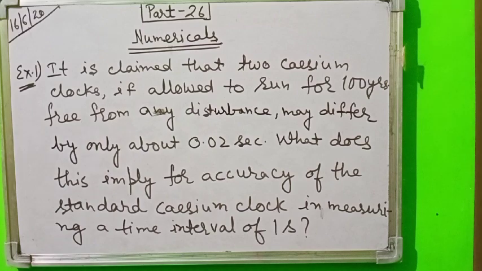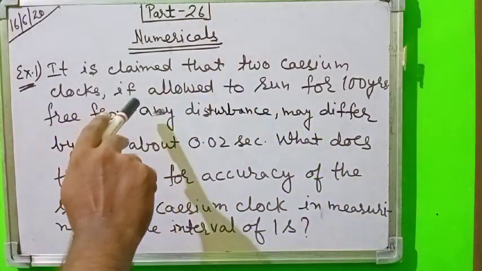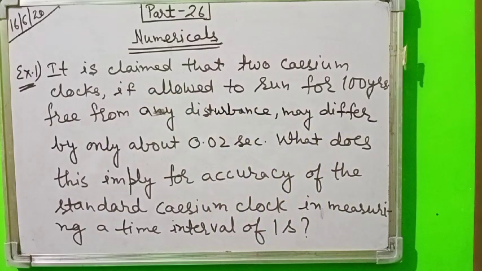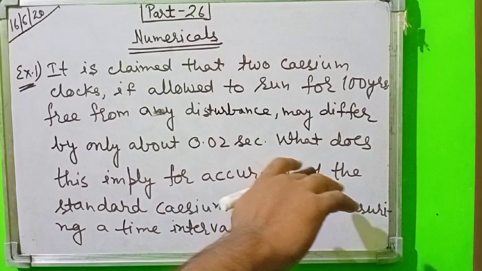So the given question in front of you is that it is claimed that two cesium clocks, the atomic clock, if allowed to run for 100 years free from any disturbance, there is no air resistance, it is free from any type of disturbance.